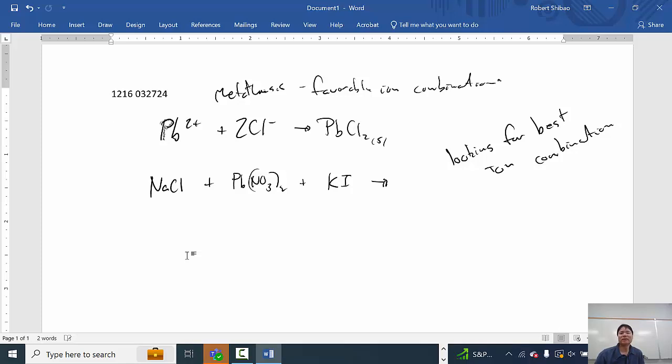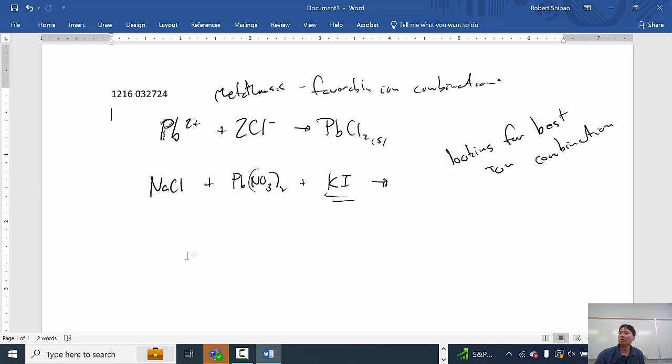If I threw in a third reactant here, we call these reagents, if I threw in a third reagent, a lot of people would be stopped cold. They wouldn't know how to proceed because it doesn't fit the AB plus CD pattern. And then some people would be able to figure it out, like triple replacement or whatever.